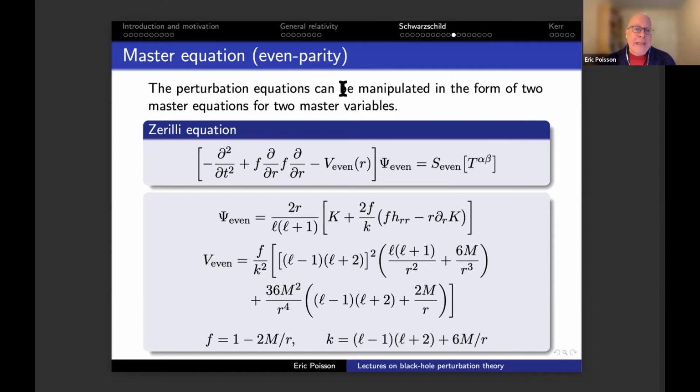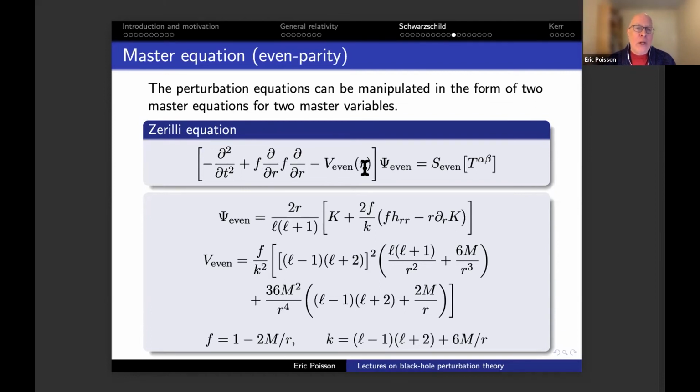When you look at that problem, it turns out that you can package your perturbations into what are called master variables that obey very simple looking wave equations in the reduced space, which has removed the angular dependence, because that's what the spherical harmonics were all about. The reduced space then becomes two-dimensional, being spanned by the time variable and the radial variable.